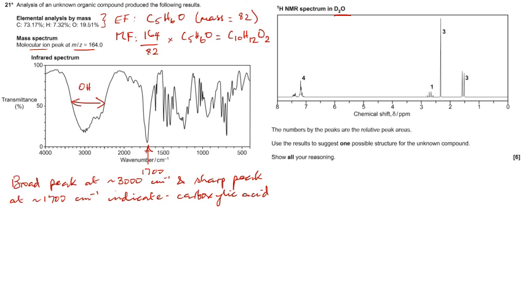We know that the integral numbers correspond to the number of hydrogens. So if we're looking at this peak at about 7.1 or 7.2, that corresponds to the hydrogens on a benzene ring. So it means we've got 4 hydrogens on a benzene ring. Let's write that out in a way that would get us the marks. We'll do a little subtitle. We're going to talk about the peak that's at δ equals 7.1 to call it 7.4.